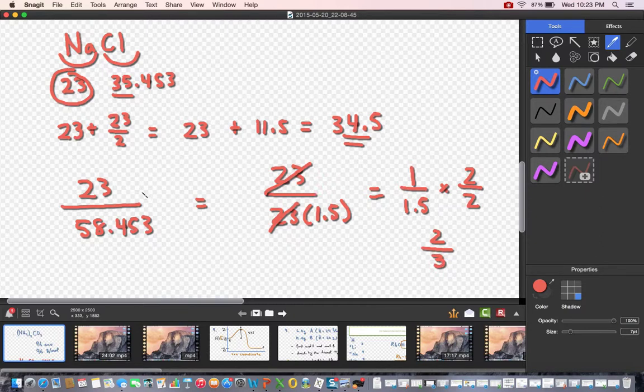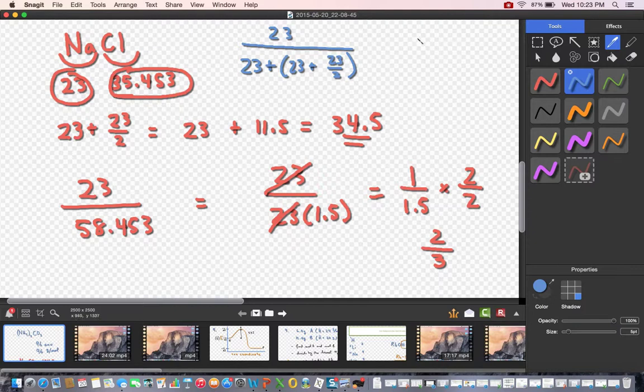Now, what we're ignoring is that there's another Cl that's waiting here for us. So really what this is, 23 plus 23, which is from the Na, plus 23 over 2, which is the mass of Cl. That's the estimating that I'm doing.